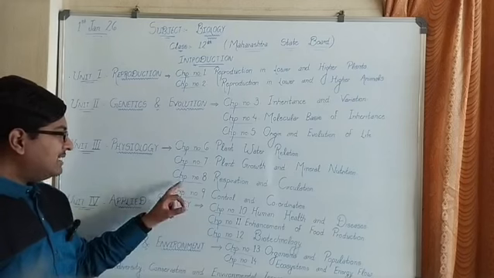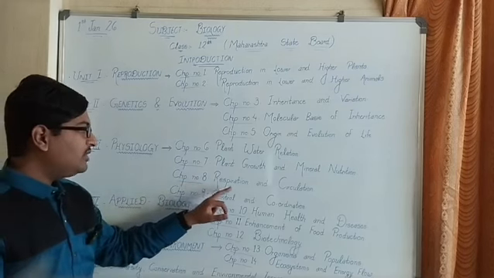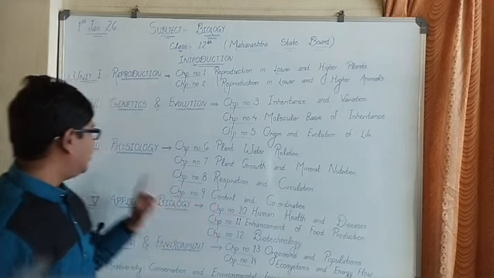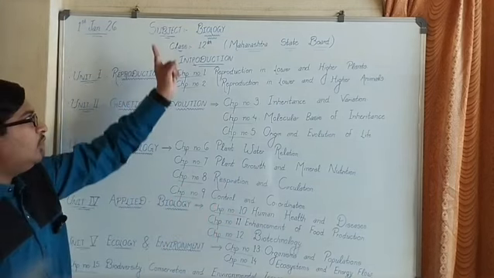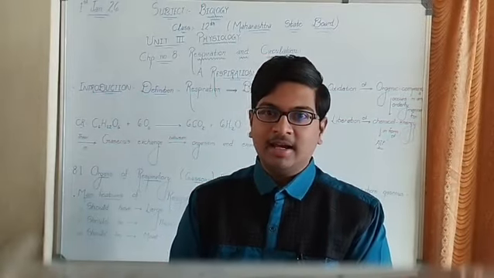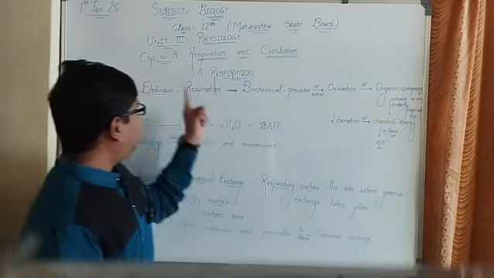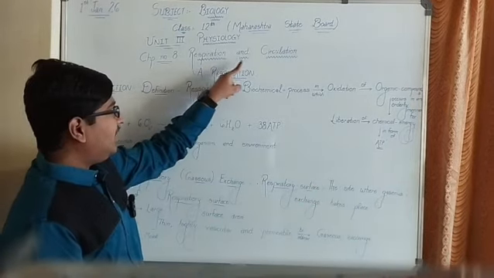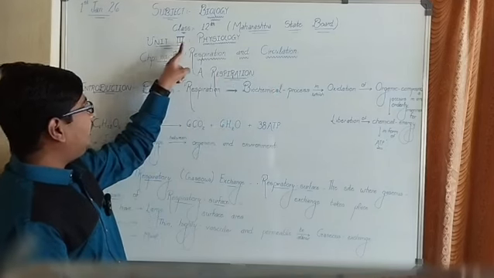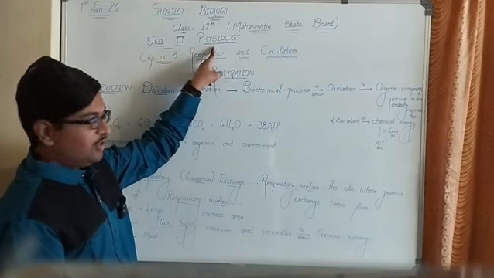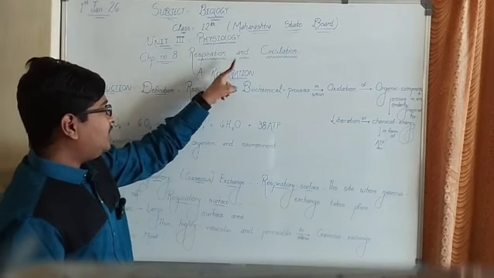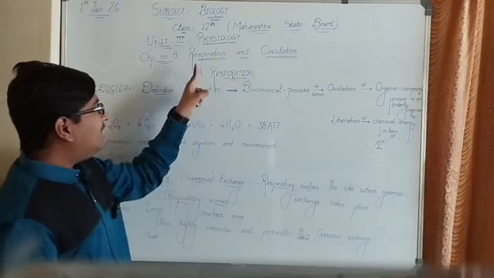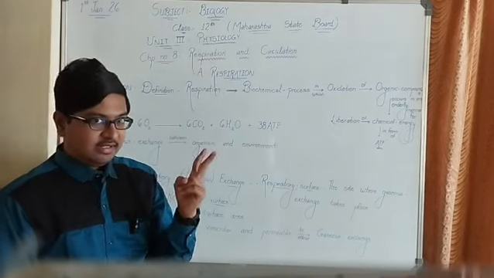So today I'll be starting with chapter number 8, which is respiration and circulation of unit 3 physiology of subject biology class 12th. Basically, in chapter number 8, which is respiration and circulation, we'll be studying two processes.